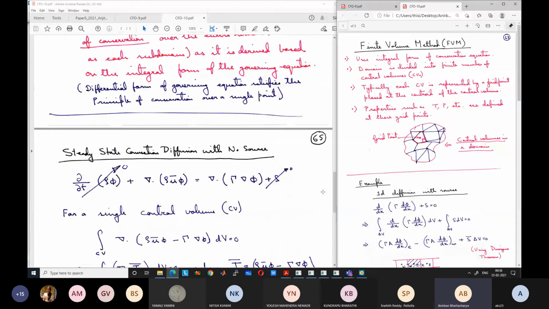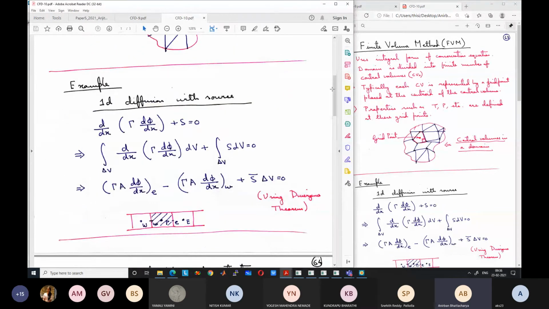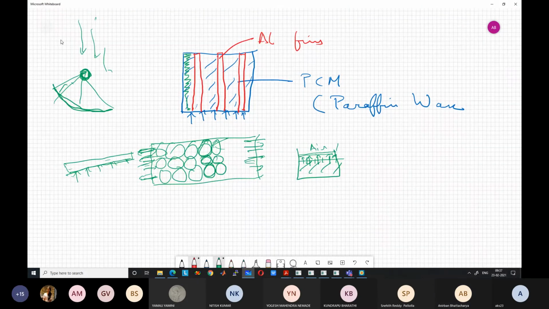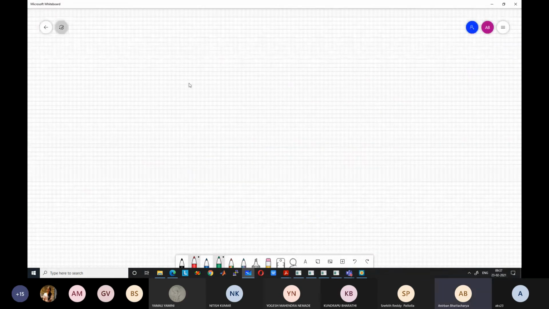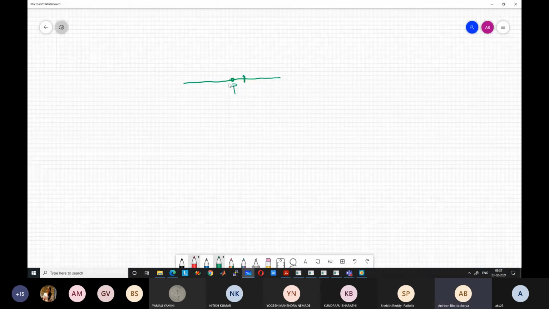Just a second. So the control volumes will look like this. It is a single line, and this is the Pth control volume grid point, and this is the control volume.